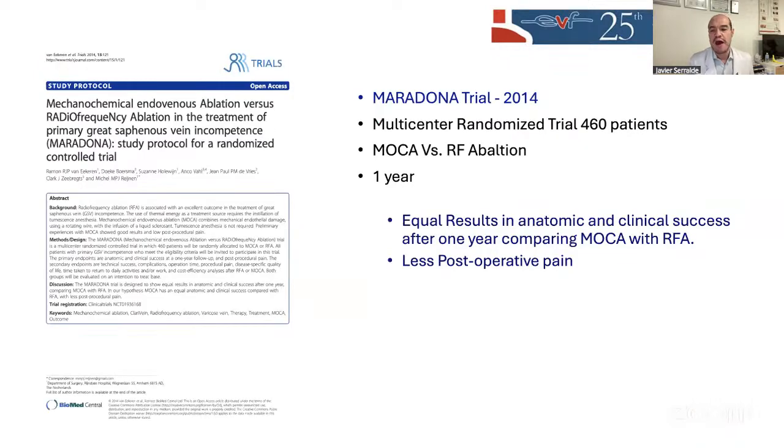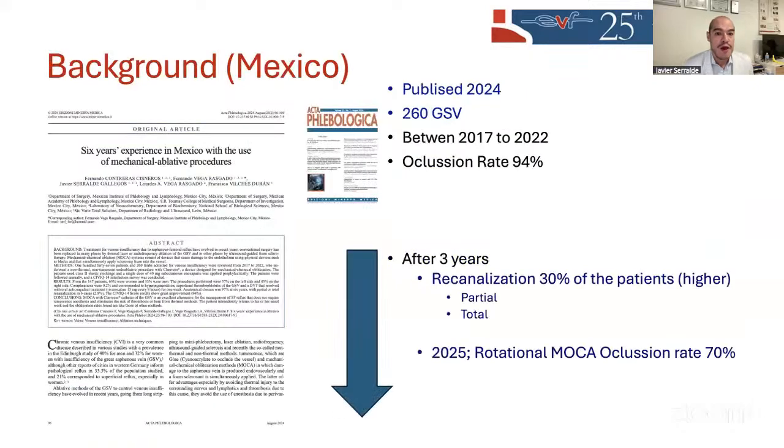After that, we can review other kinds of studies because in this trial, we can identify the follow-up to 1 year, MOCA versus radiofrequency, and they identify similar results. This is a study in Mexico that I say that after 3 years with Clarivein, we can identify the recanalization in 30% of the patients.